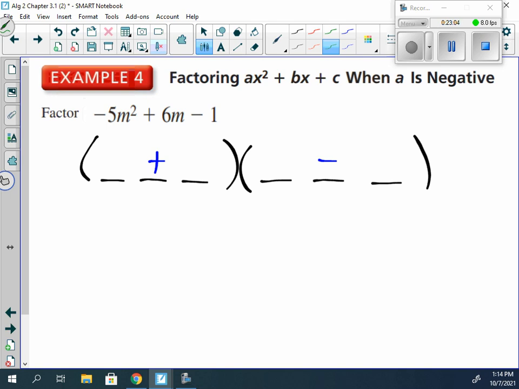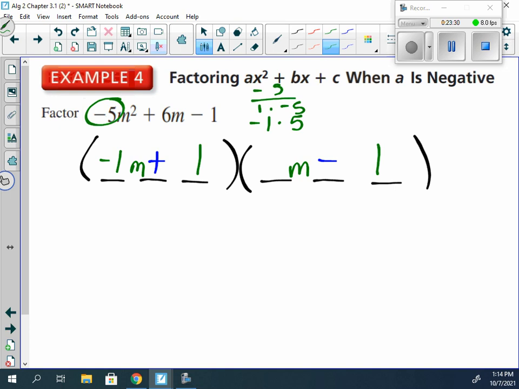Now, the factors of 1 are 1 and 1. The factors of m are m and m. But our first term is -5, so we have to look at the factors of -5. Well, the factors of -5 are going to be 1 times -5 and -1 times 5.